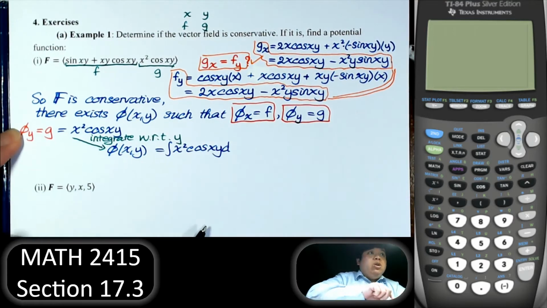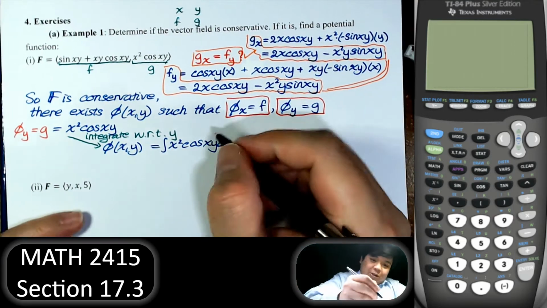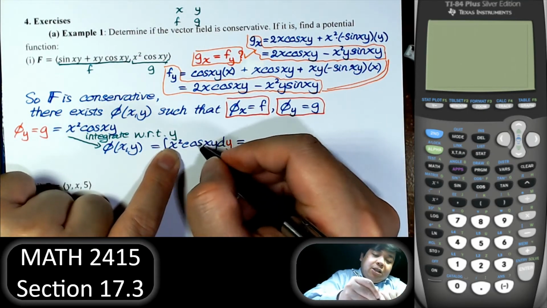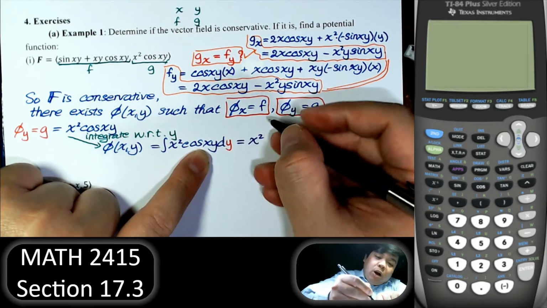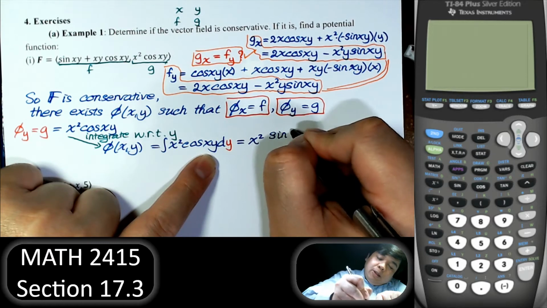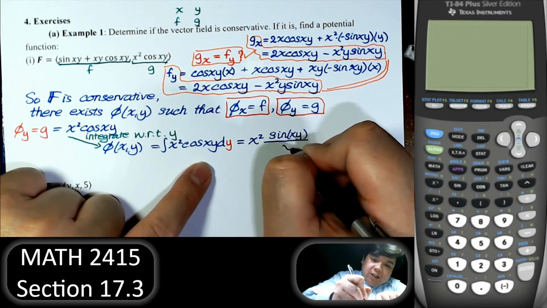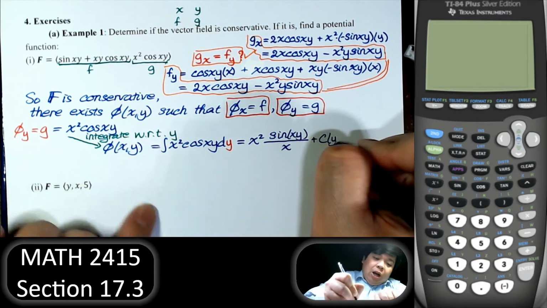Yeah, because originally we have the derivative with respect to y. So just do that. This is just the integral of cosine, which is sine, and x is a constant times y. So we have sine of xy over x, plus a constant with respect to y.